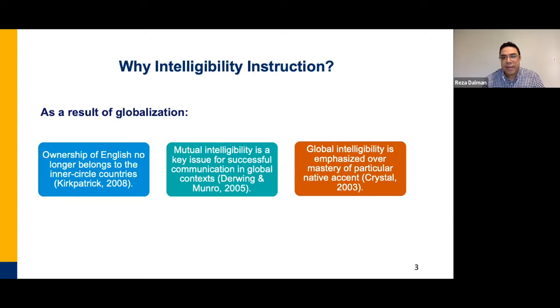Okay, why intelligibility instruction? As a result of globalization, the ownership of English no longer belongs to inner circle countries, the countries where English is spoken as the first language. And mutual intelligibility is considered the key to successful communication, and it is emphasized over mastery of a specific native accent.